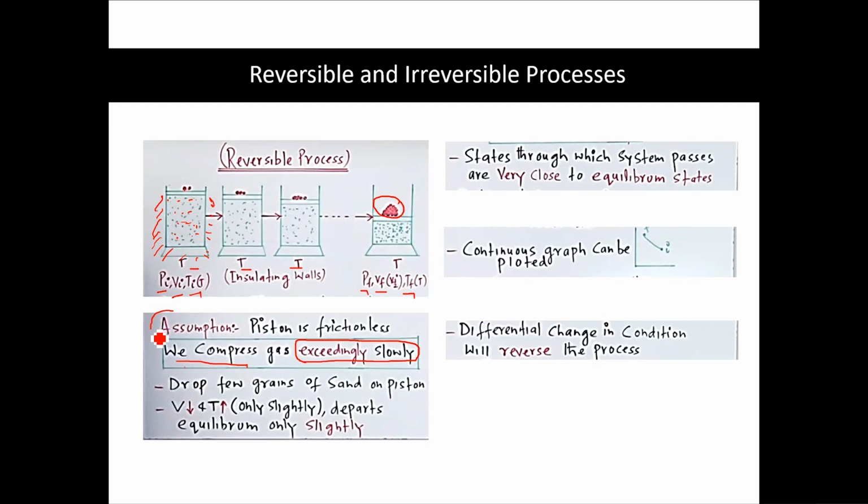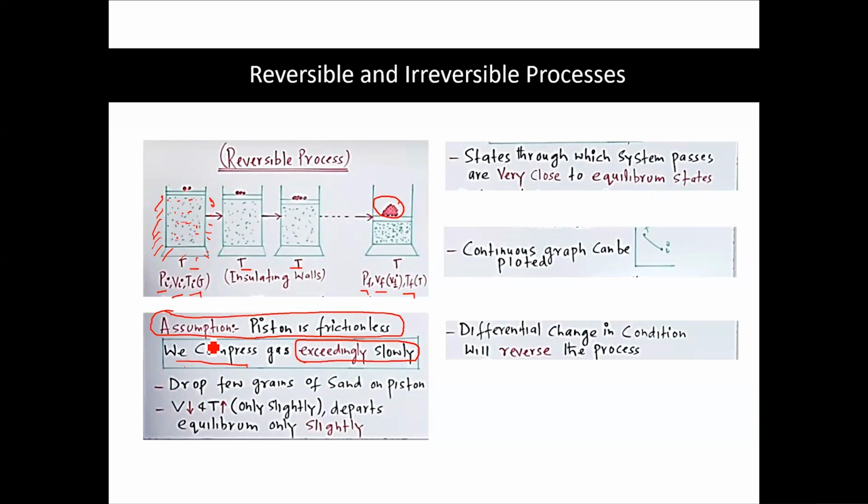The second assumption that we have made, in order to say that the process is reversible, is that we have a frictionless piston. So the frictional losses are ignored, or we assume that the piston is essentially sliding along the walls. This would make your process reversible.